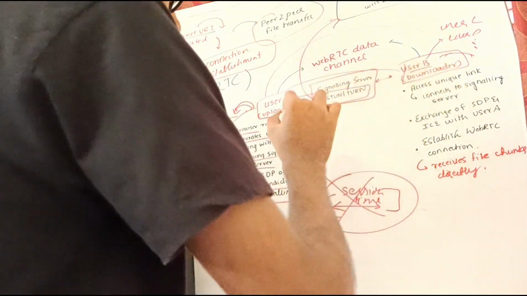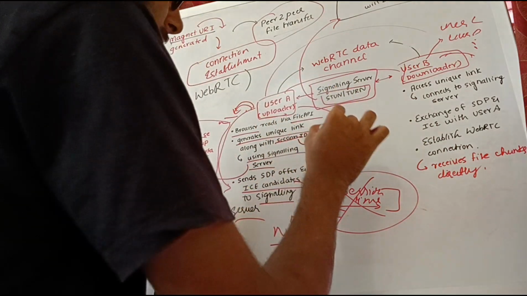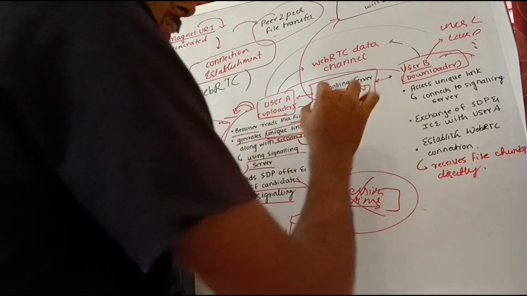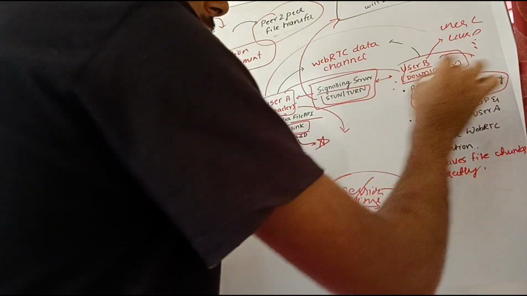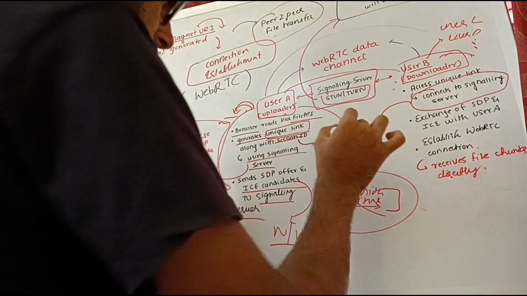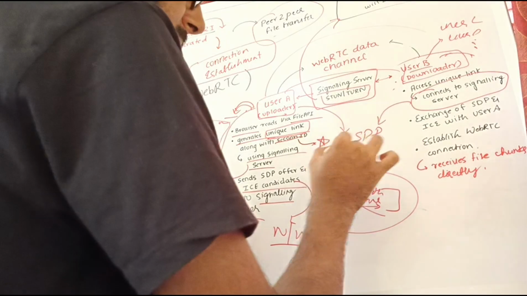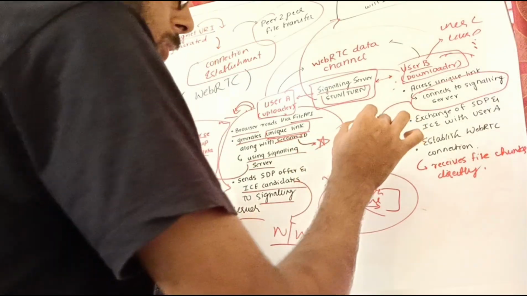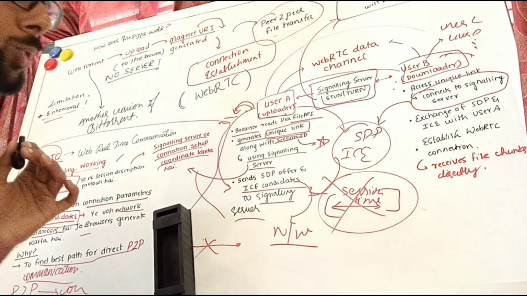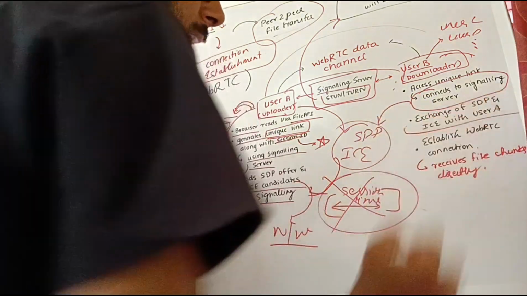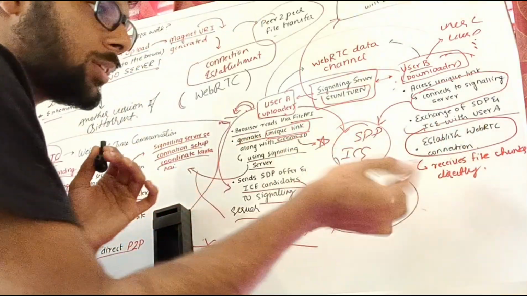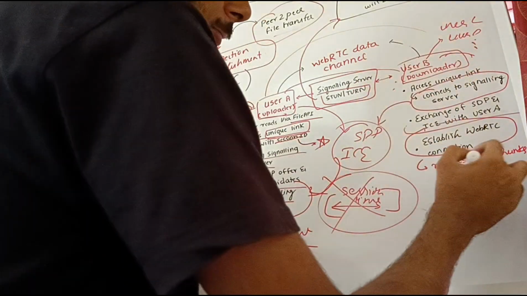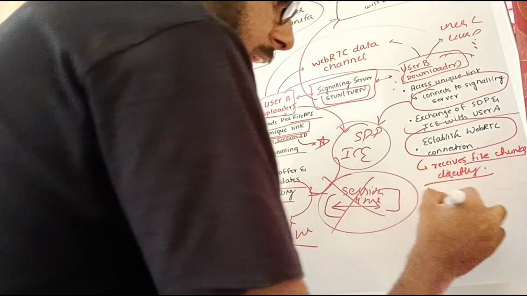Here, let me say that the unique link is generated, right? This unique link is accessed by user B, which then connects to the signaling server, which contains the SDP and the ICE details. This then establishes a connection with user A, and then the exchange of SDP and ICE happens with user A. Once the connection is established, user B receives the file chunks directly, that is the P2P service, without any intermediary.